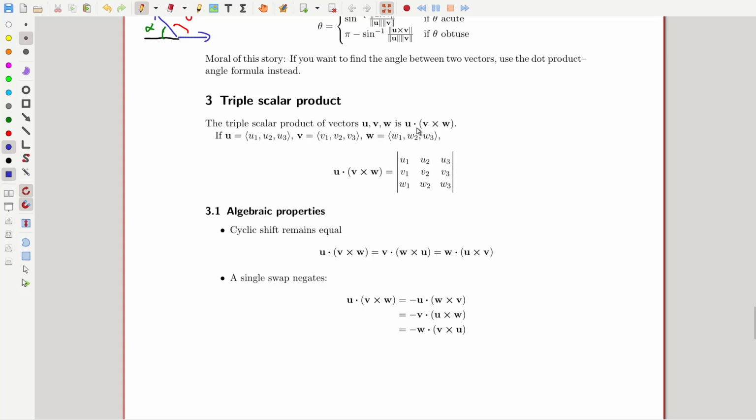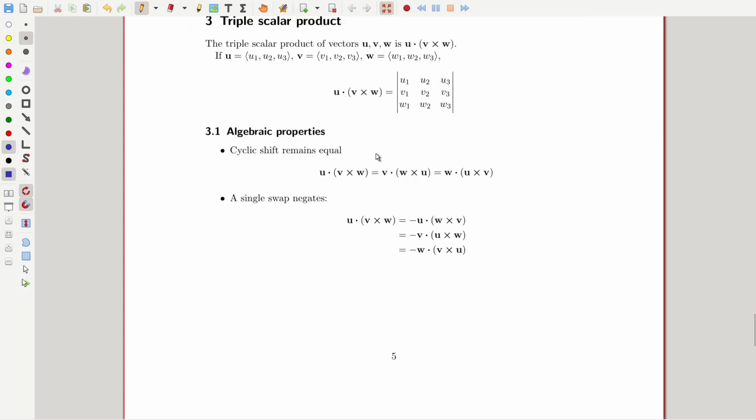However, there's a way of thinking about this as one single step, which is that you can recognize it as a single determinant instead of taking one determinant and then dotting it. You can just insert the vector u as your top row instead of ijk. And so the triple scalar product, yeah, you can use this expression to compute it.